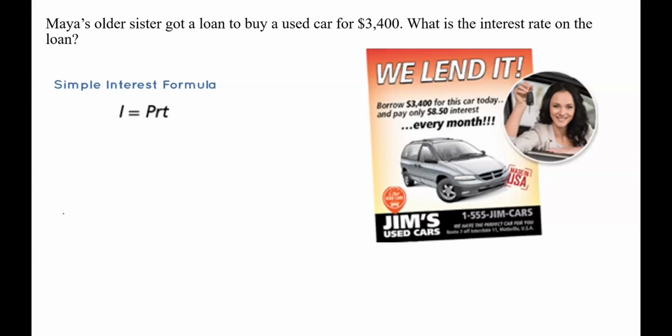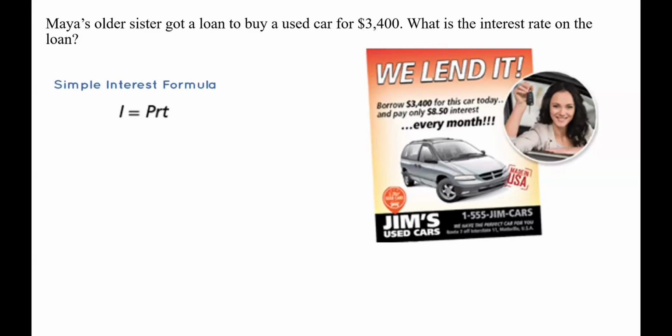We are going to use the interest rate formula, and the formula is I for interest equals PRT, which means P times R times T, which is basically the principal times the rate times the time.